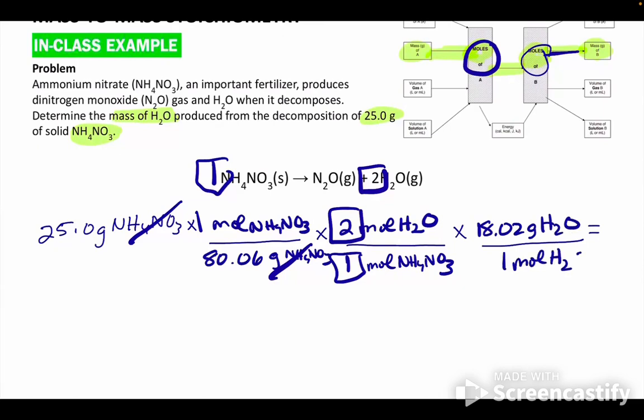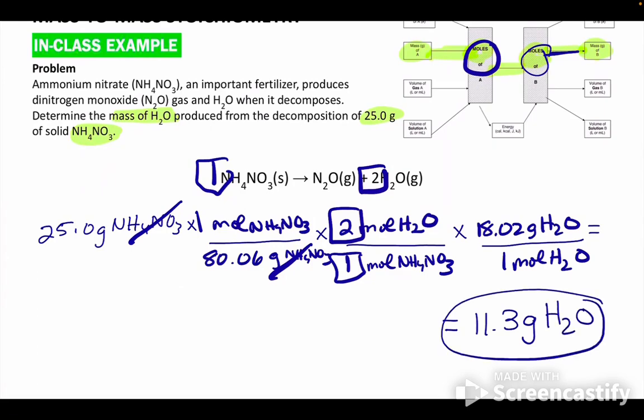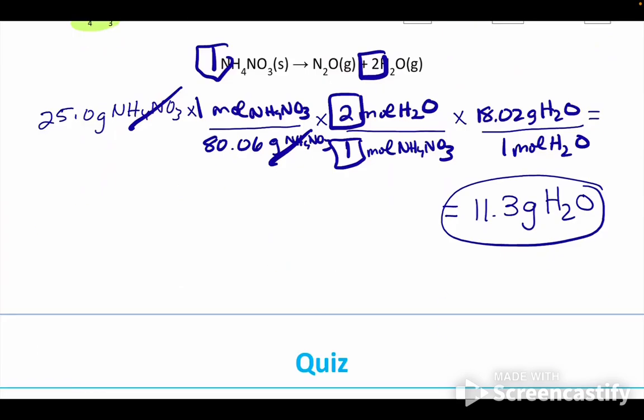So notice I'm not multiplying that by 2. And then when I calculate it with my sig figs, I should get 11.3 grams of water.